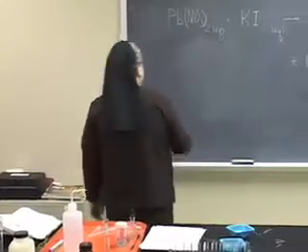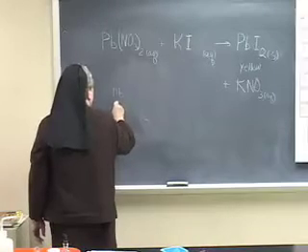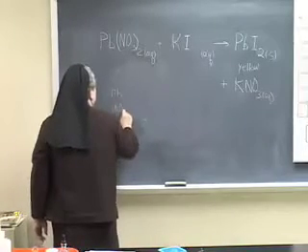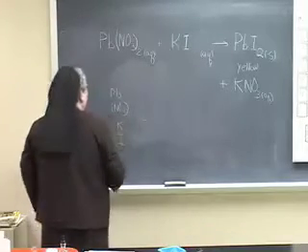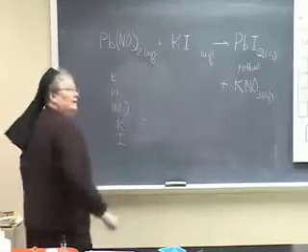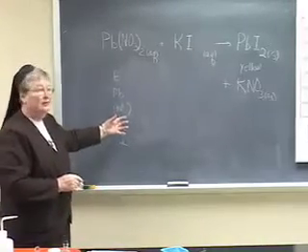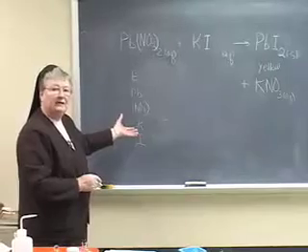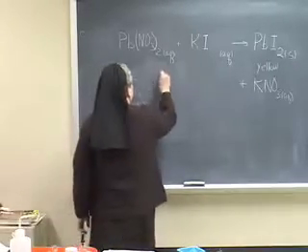Well, you can do ERP, but we'll just do it quickly. Pb, NO3, K, and I. Now, one of the things that you notice is that I'm keeping the polyatomic together. And when you're doing that, it makes it easier to balance. Don't separate it out into nitrogen, oxygen. How many do I have as a reactant?